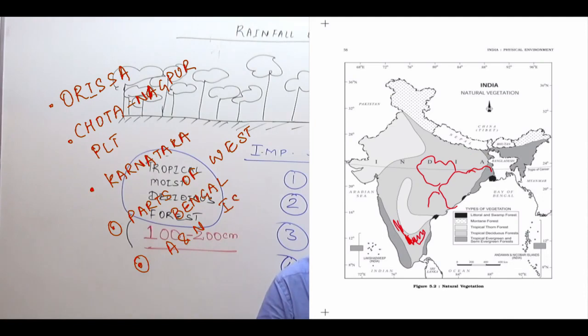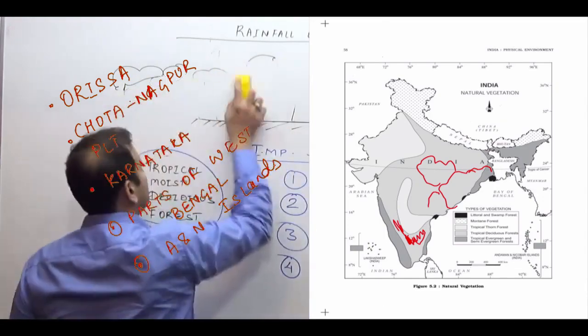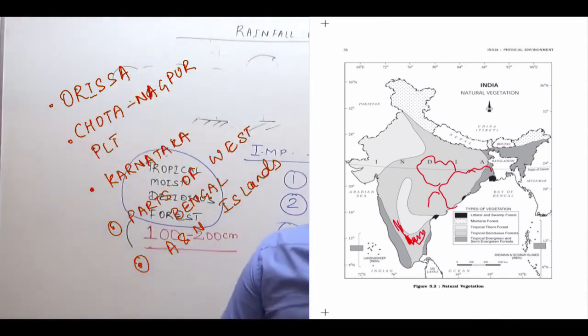The Andaman and Nicobar Islands are a region of the tropical moist deciduous forest.